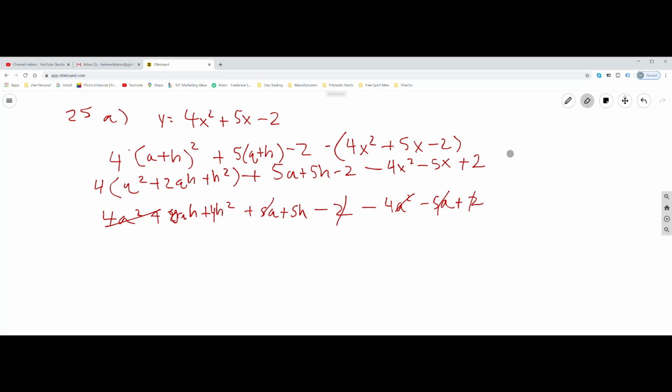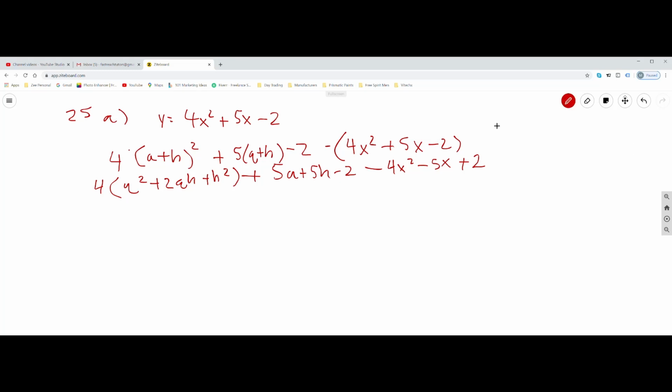let me go back because I made a mistake here. So you should change this to minus 4a squared minus 5a plus 2. So this should be 4a squared plus 8ah plus 4h squared plus 5a plus 5h minus 2.